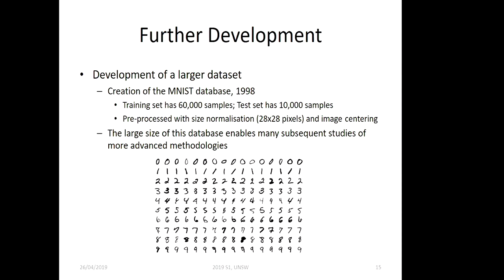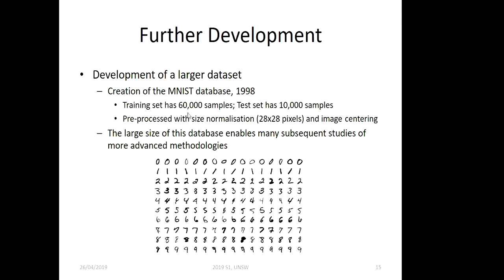Based on those initial techniques, KNN and LeNet-1, there was some further study on handwritten digit recognition. Probably the most important milestone came some years later, when the same group of researchers created a very big database called the MNIST database.